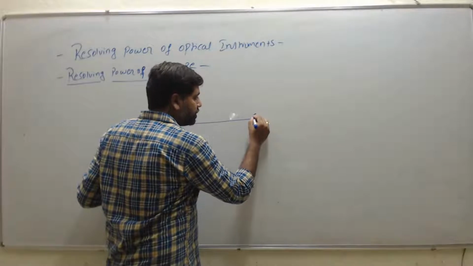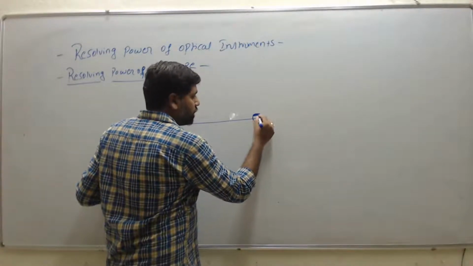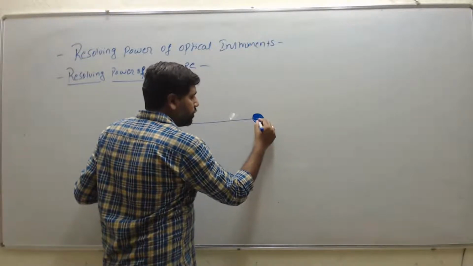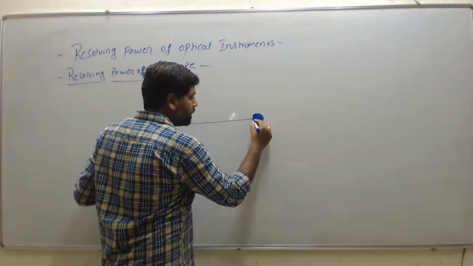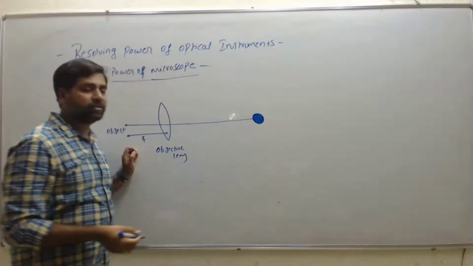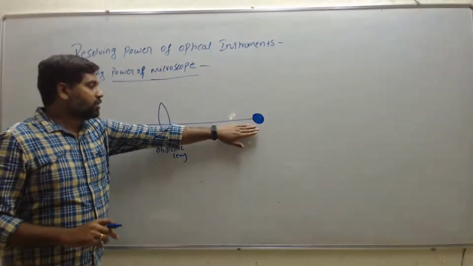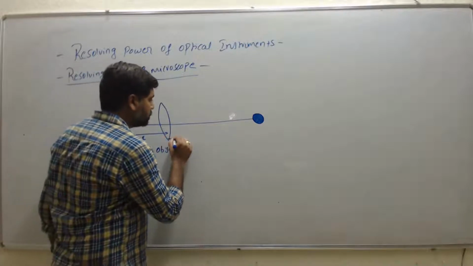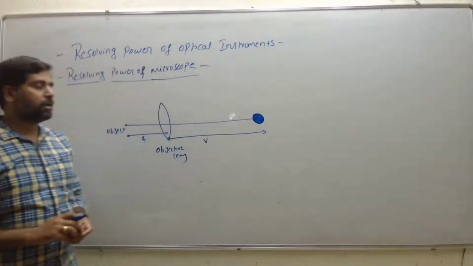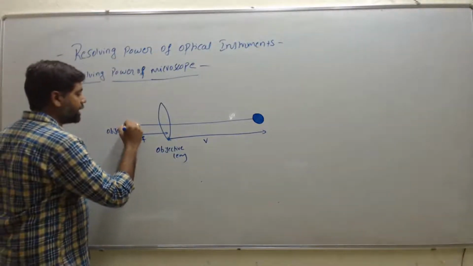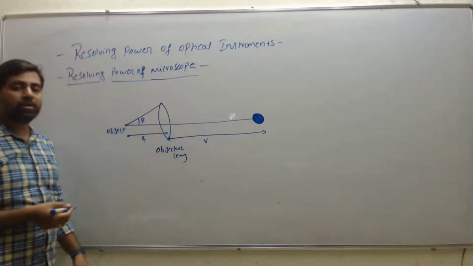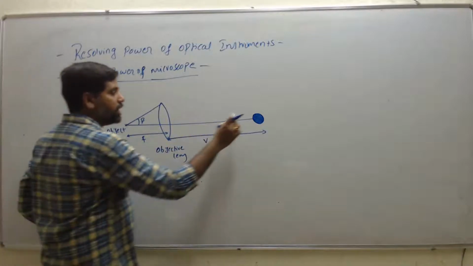Here also the image is not formed at a single point; we get a bright circular patch like this, right? So this is the image formed by the objective, at the distance v. Here the angle subtended at the lens we take as beta.